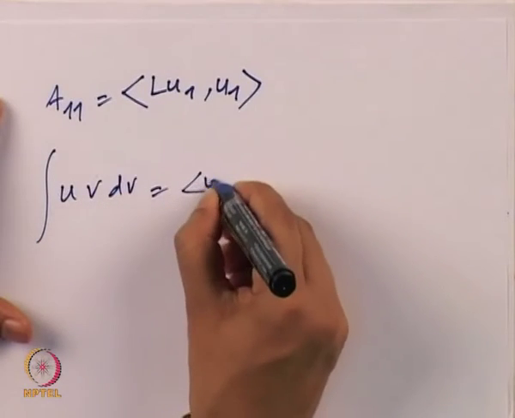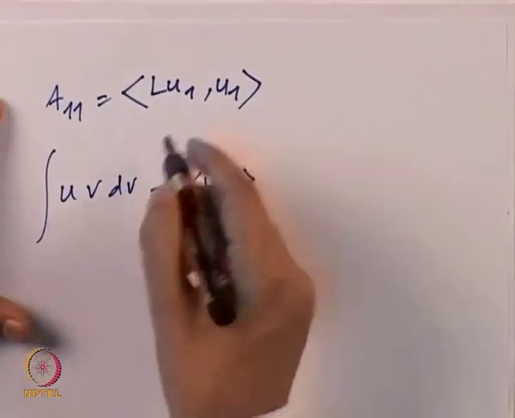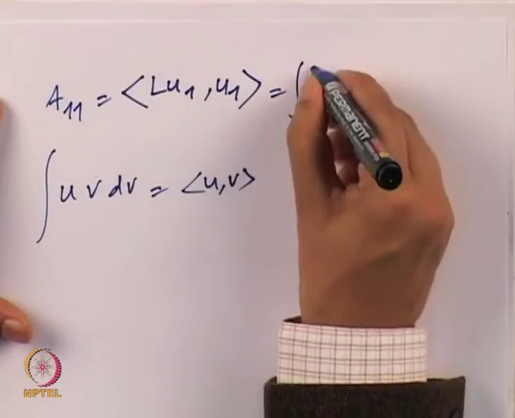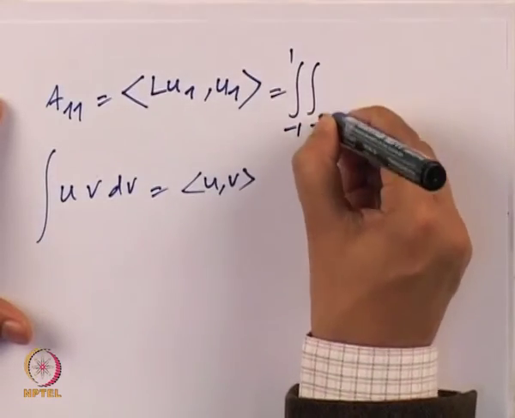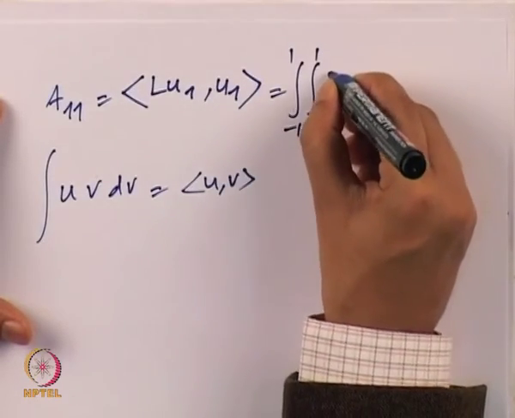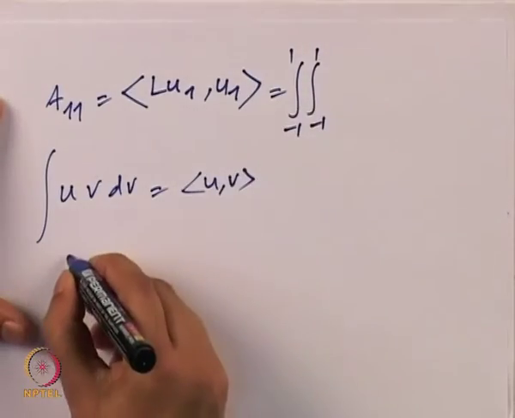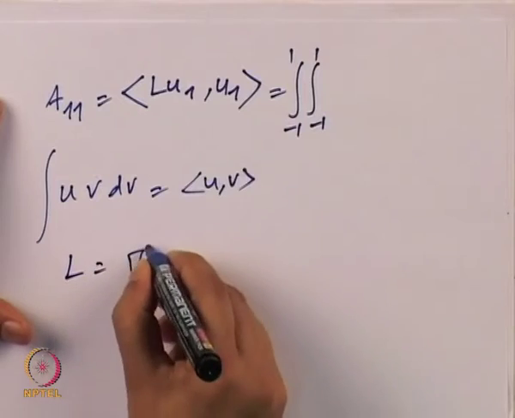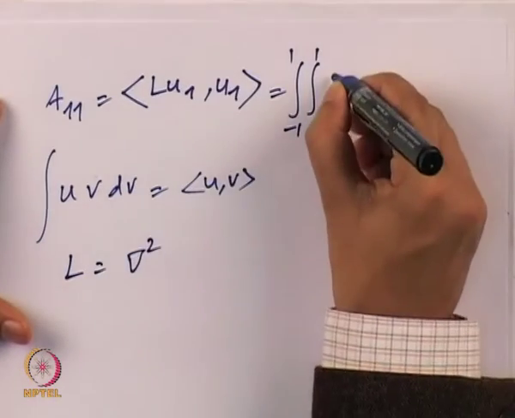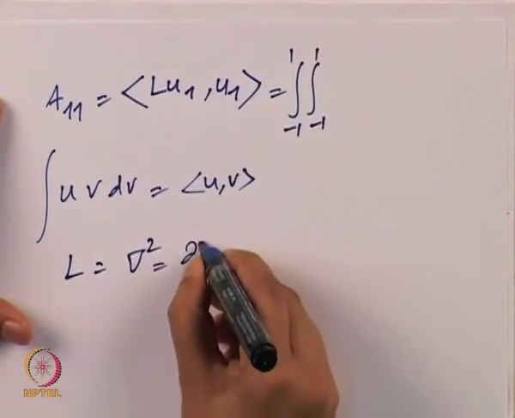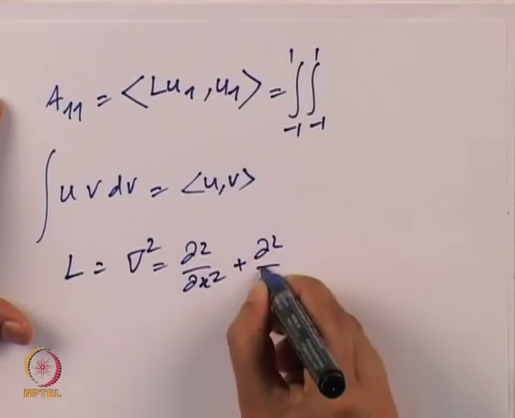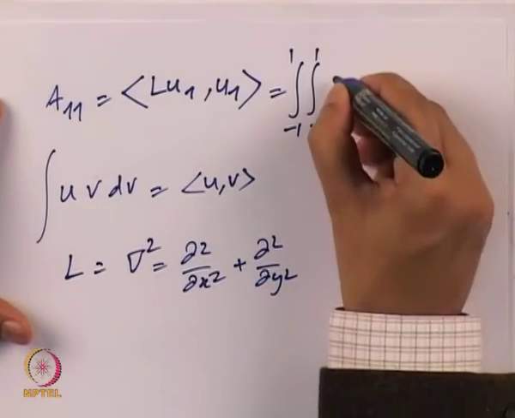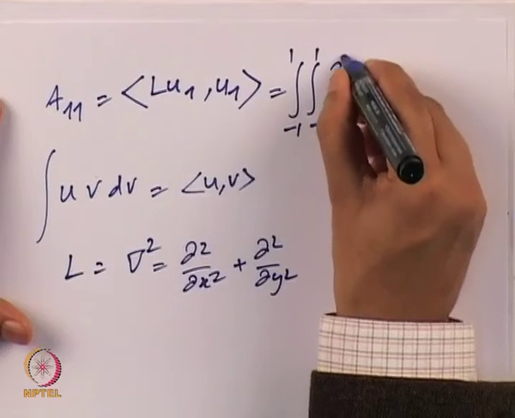If we say this is the inner product of u comma v, in this case it is going to be a double integral from minus 1 to 1, minus 1 to 1 for x and y, and the L operator in our case is equal to the Laplacian operator. So the Laplacian operator is going to be dou square by dou x square plus dou square by dou y square. So we are going to write the Laplacian operator here.